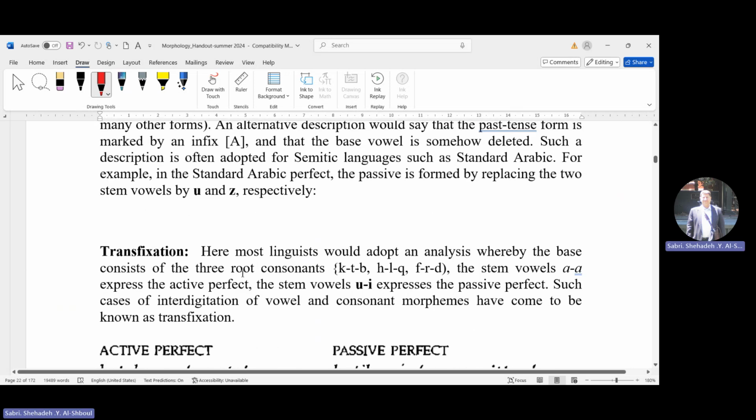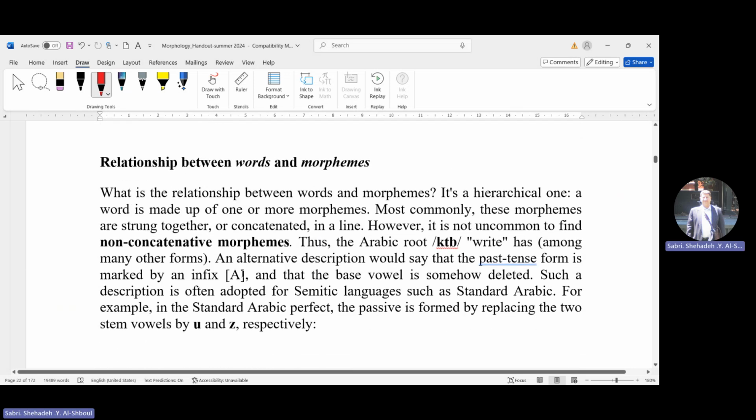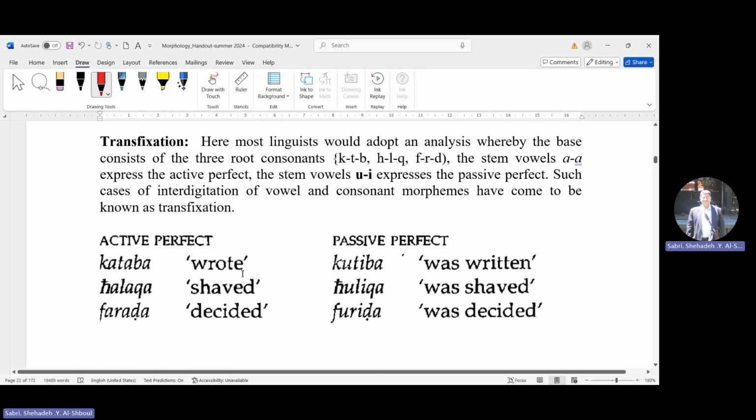Let's have a quick look at some languages in terms of how morphology is maintained. We have transfixation, which applies to Arabic. The base consists of the root, as in "kataba," and we have a kind of templatic vowel insertion that applies to the word.